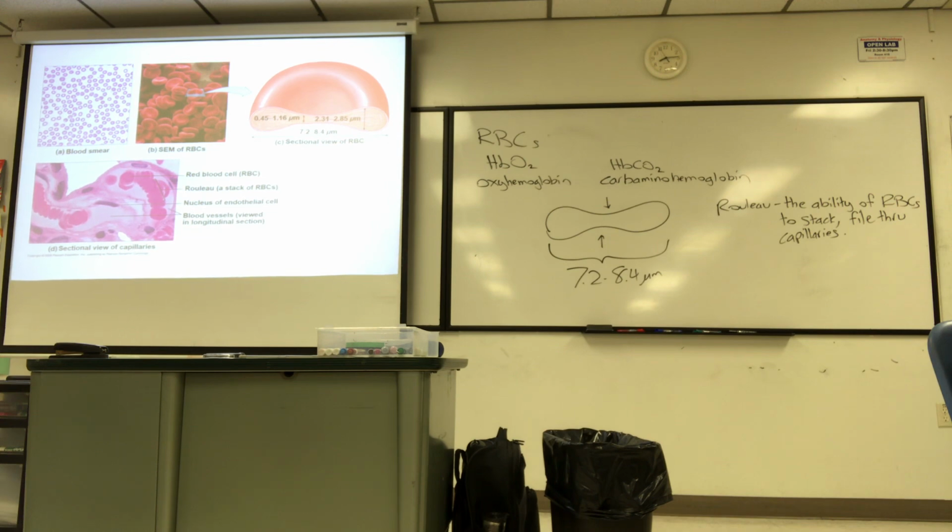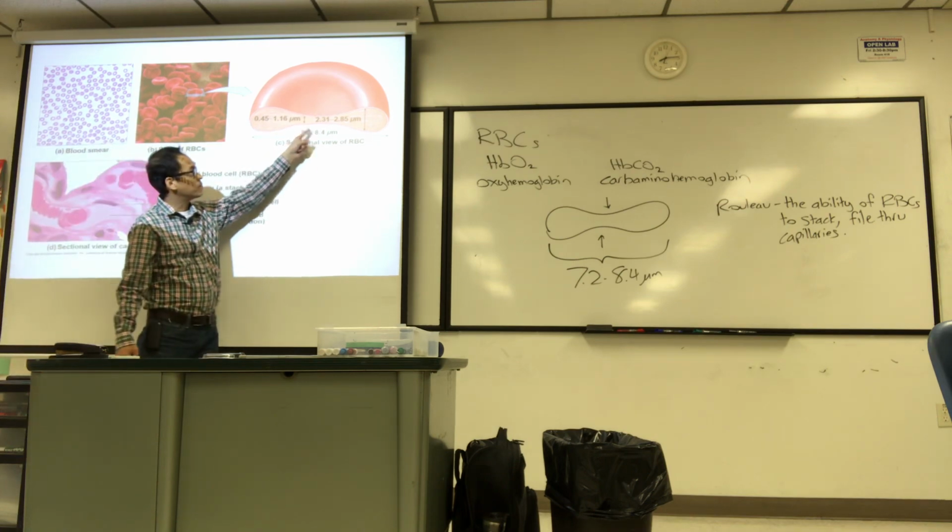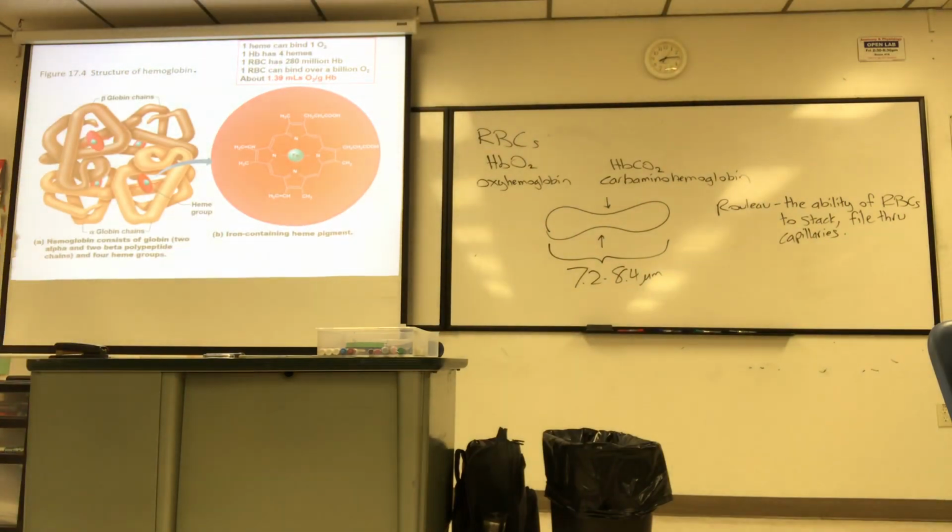Now think of the RBCs when you look at a blood smear. The reason they're a little bit translucent in the middle is because they're thinner in the middle. And also think about what they're carrying. They've ejected all the organelles, including the nucleus. They don't have a nucleus, but they have a lot of hemoglobin.